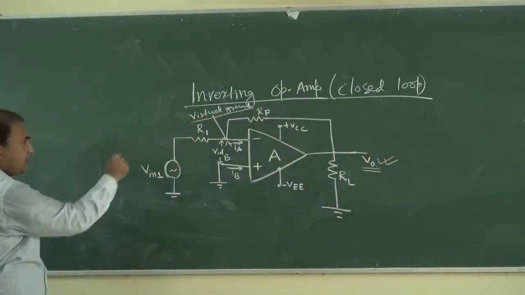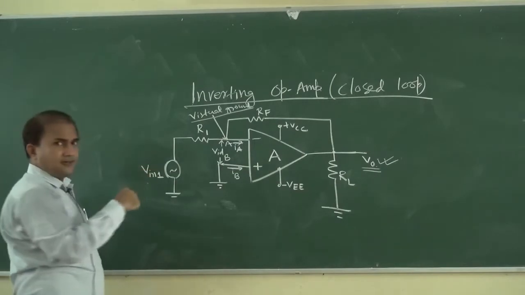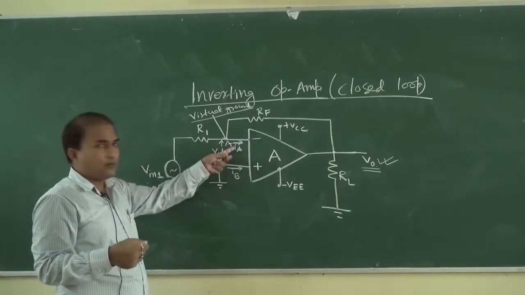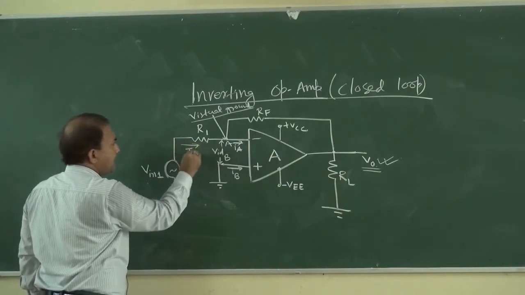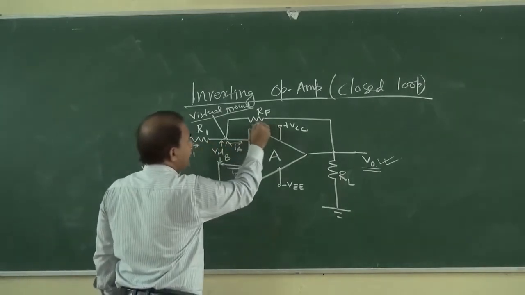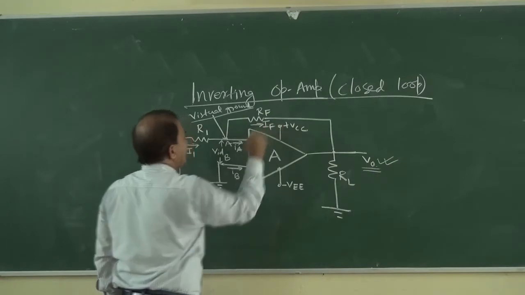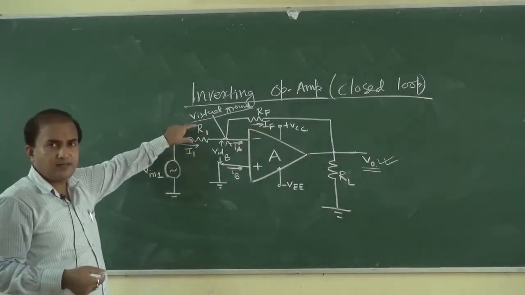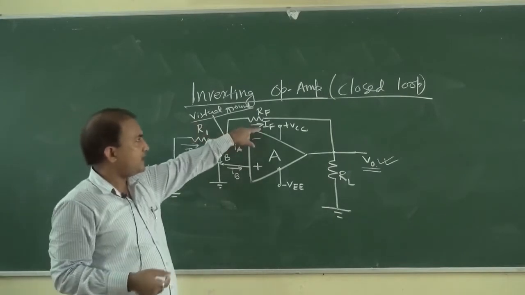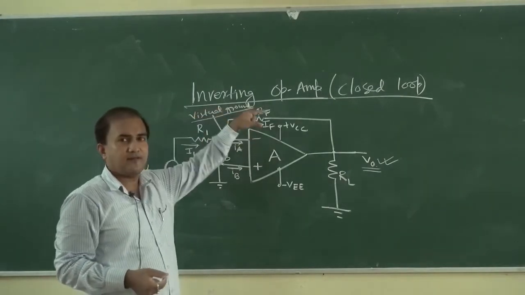In this figure, IA is equal to 0. So current I1 and this is current IF. Current I1 is flowing across R1. Current IF is flowing through RF.